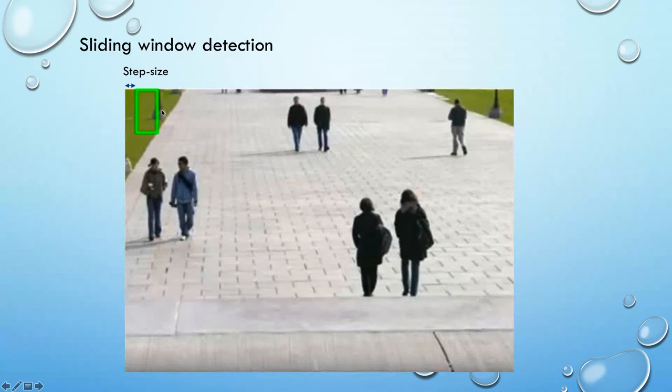It's totally up to how you want to run it. This rectangle is like a sliding window, and it continues row by row until you find a person. For example, if the rectangle is here, it will know there is a person in here, and then it has found the person.